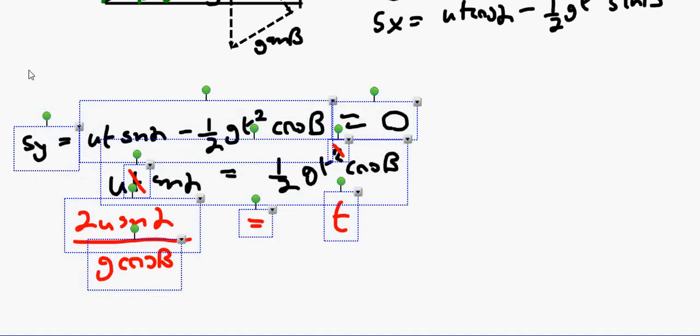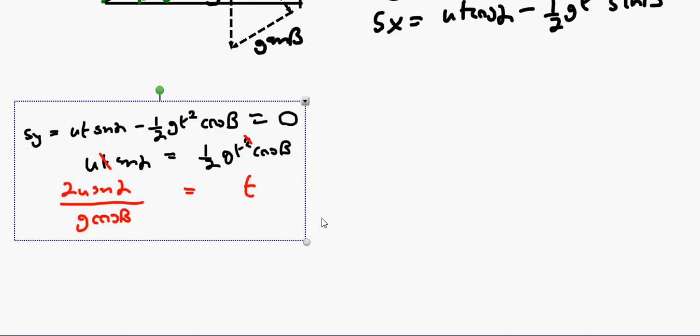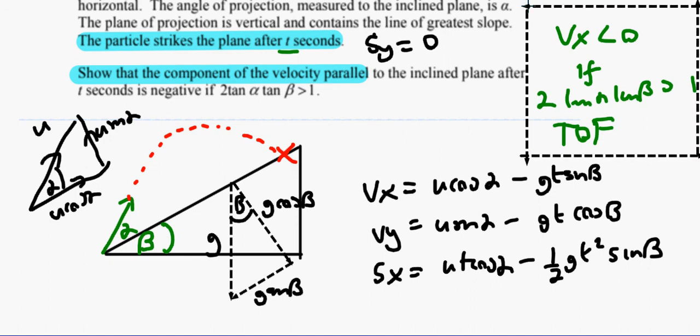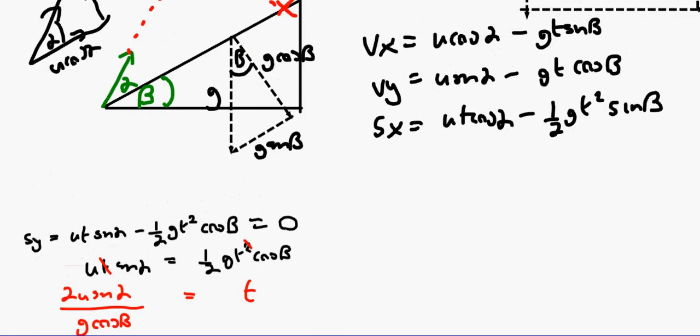What's the next step after you get to the time of flight? Go back up to your question description. What did we say it was earlier? We said we have to prove that phi x is smaller than 0. So a good idea would be to find Vx at the time of flight, because that's what that means: the component parallel to the inclined plane. So let's find Vx. Once again, it's like going to shops.